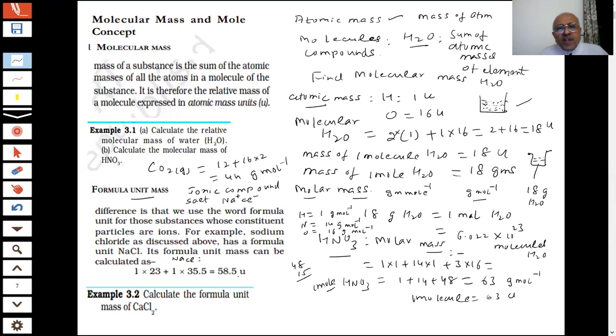So it becomes 58.5 U. 58.5 U is the mass of one formula unit of NaCl. And if I say one mole of NaCl, that will become 58.5 grams. Clear?